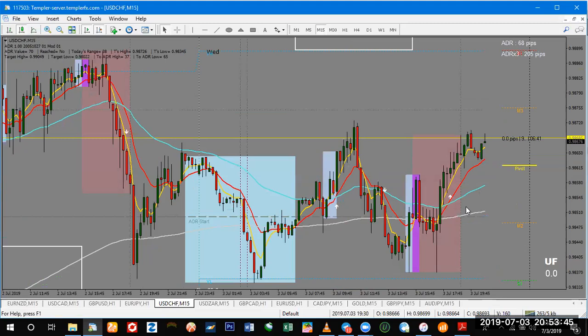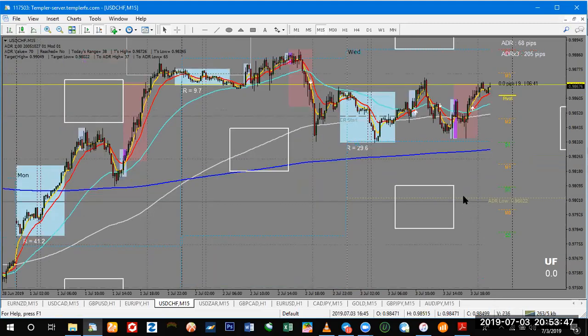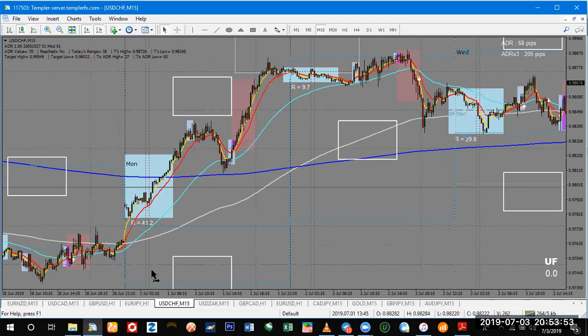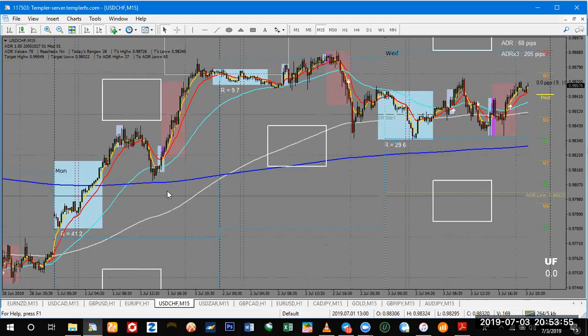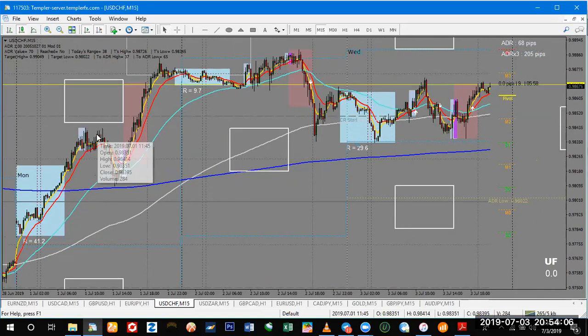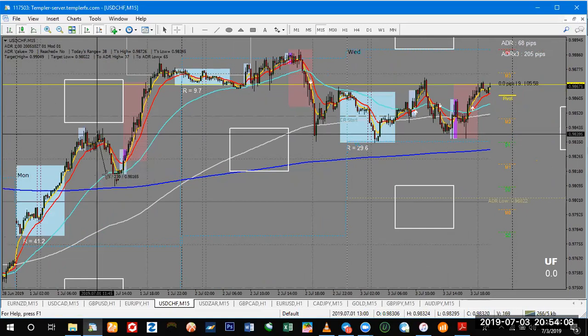Is the pullback being 15 to 25 pips one of them? Like this one here, this was 25 pips.